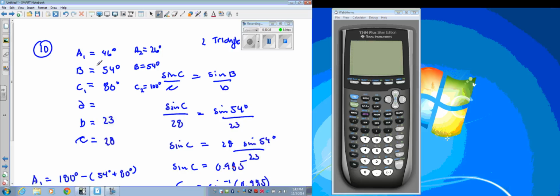And you see, we can calculate with this one. But there's going to be two values of this A, right? One when you have this triangle, and one when you have this triangle. So you'll have A1, A2, and small side A1, and then small side A2.